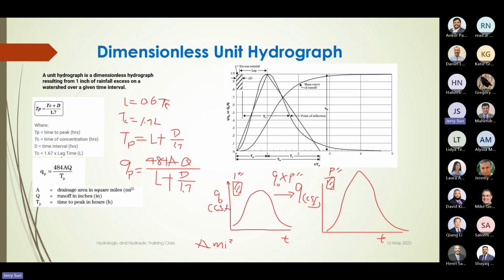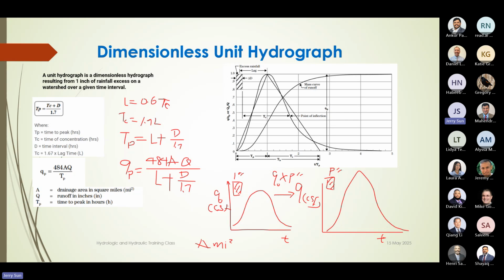Then for this 1-inch depth, they ran experiments and lab tests and got the outlet response, this curve, which really depends on the lab test and the watershed.